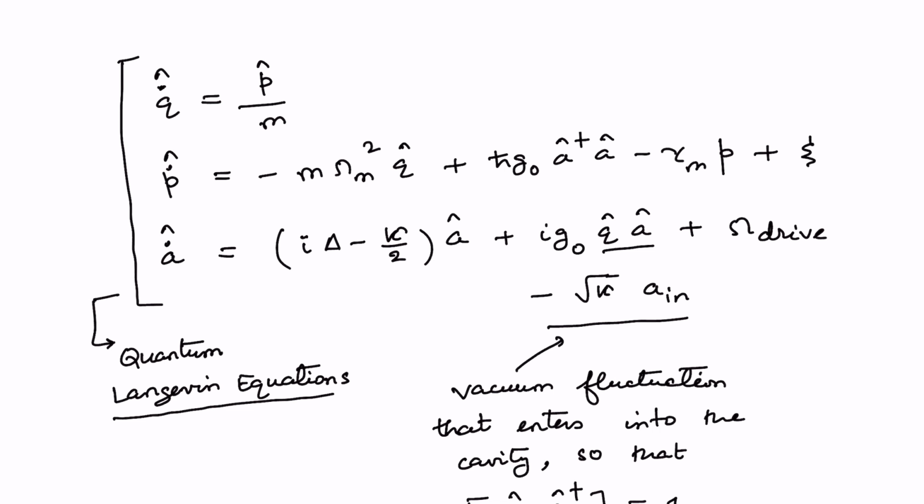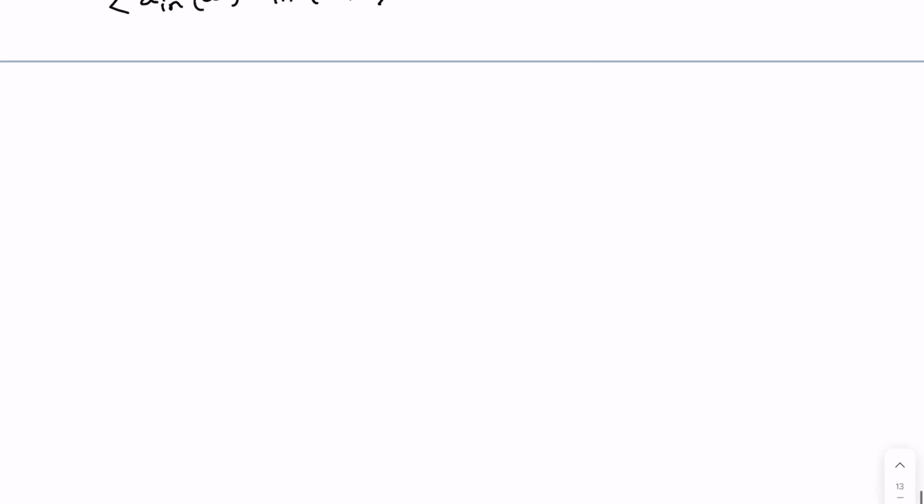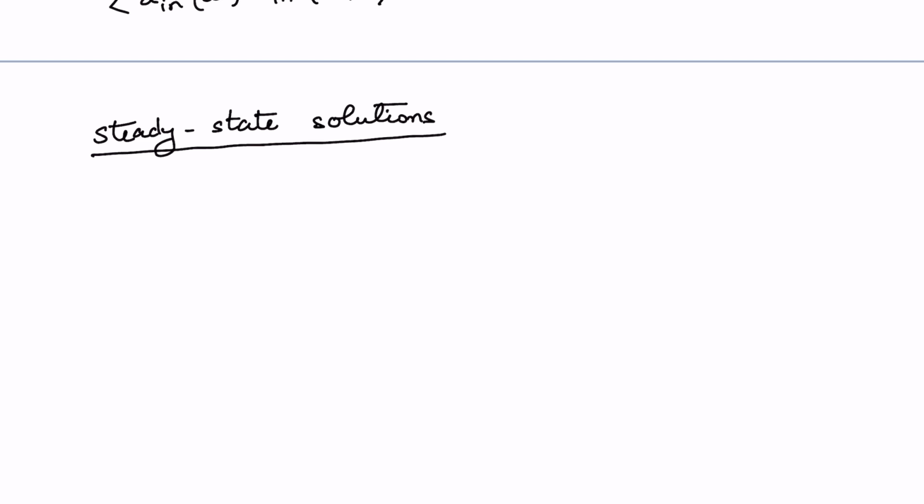However, we can find steady state solutions. So let us write down the steady state solution of these Langevin equations, and also let me explain what I mean by that. Steady state solution means that the time evolution q dot, p dot and a dot all go to 0 in the steady state.